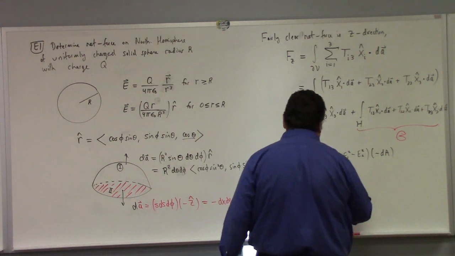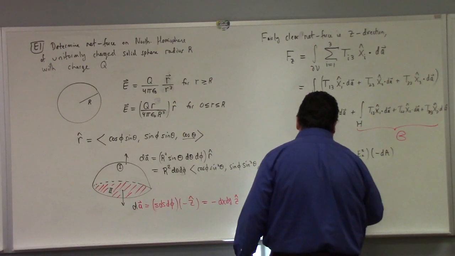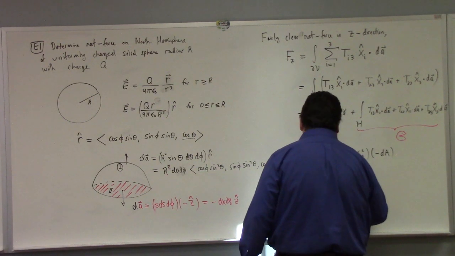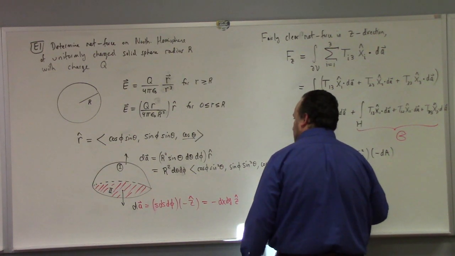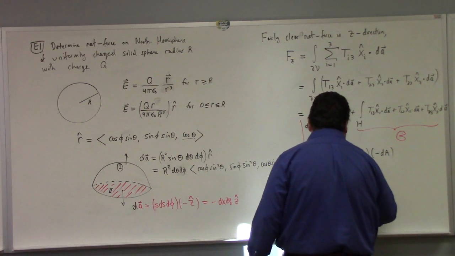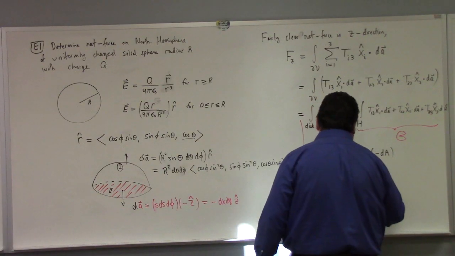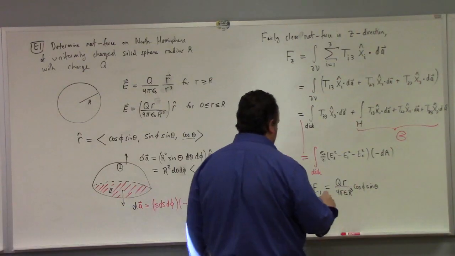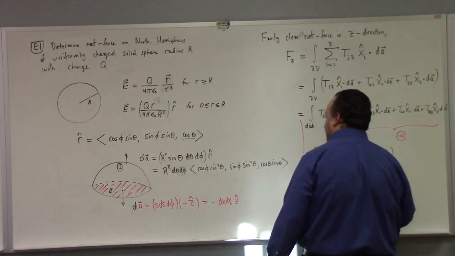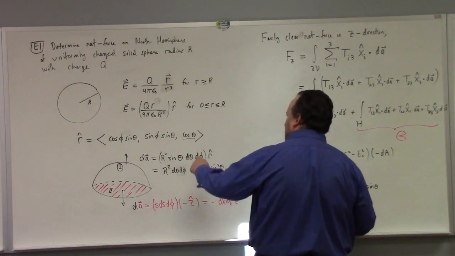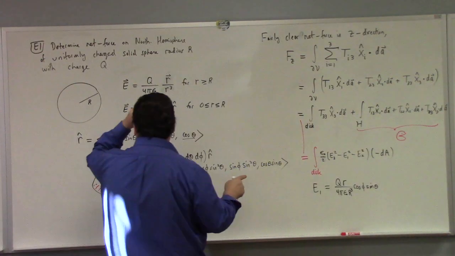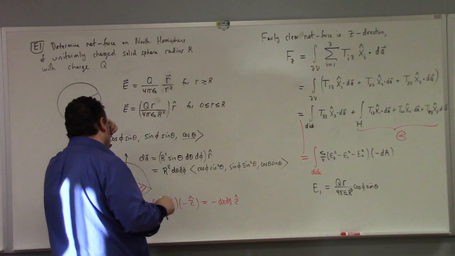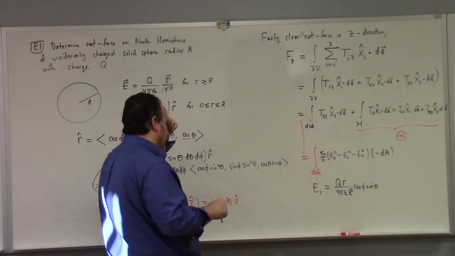Well, yeah, fine, QR over 4 pi epsilon naught r cubed times, what did you say, cosine phi sine theta, but be careful, phi equals what here? Is that everything? Is that E1? Yeah, that's E1. Theta is pi over 2?